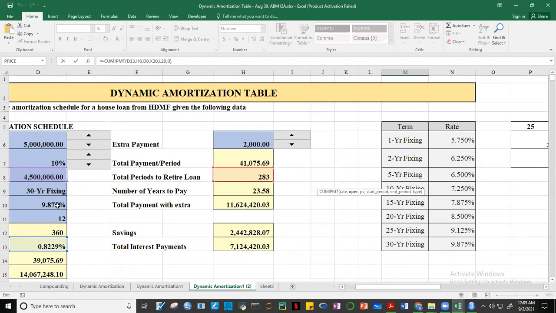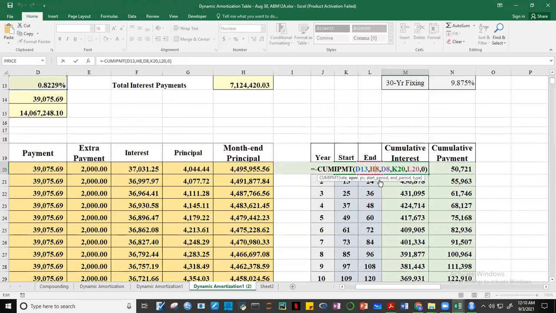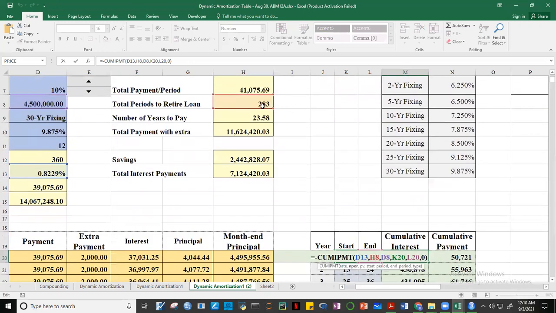Initially, kung walang extra payment, 360 to. However, because nag-extra payment tayo ng 2,000, naging 283 na lang to. Okay? So that's what we're going to use. Ano na ngayon yung bagong NPER natin? Kasi may extra payment tayo. So we link it there to H8. No? H8.